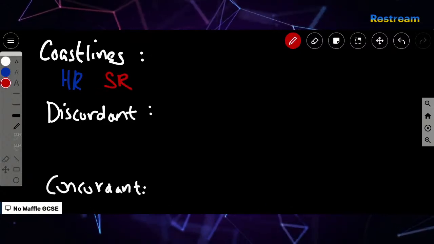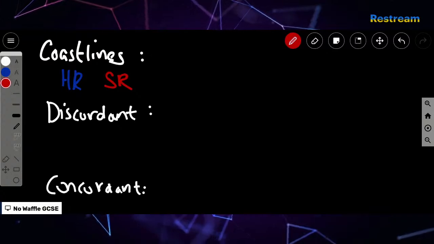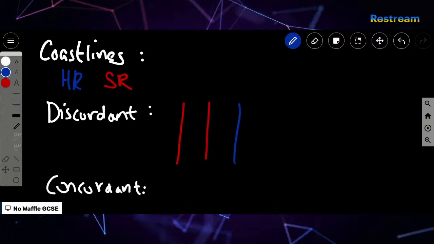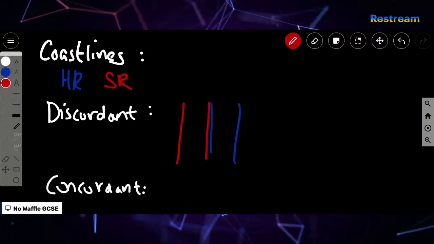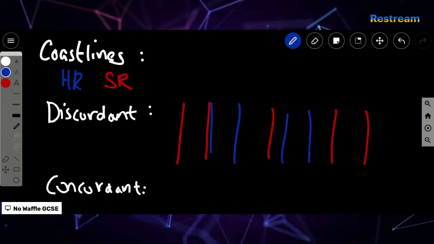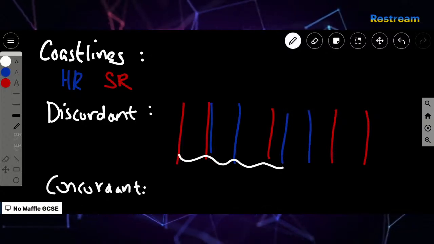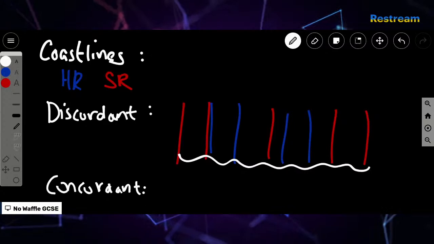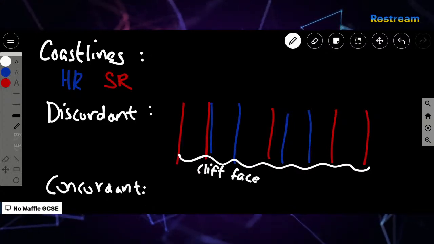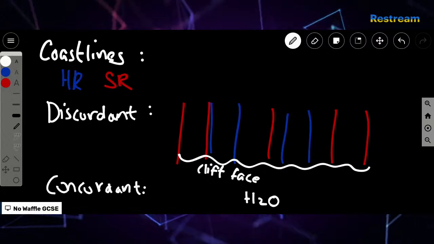Discordant coastlines are made of alternating bands of hard rock and then soft rock. Like this. So imagine that's the cliff face and this is where the water is.